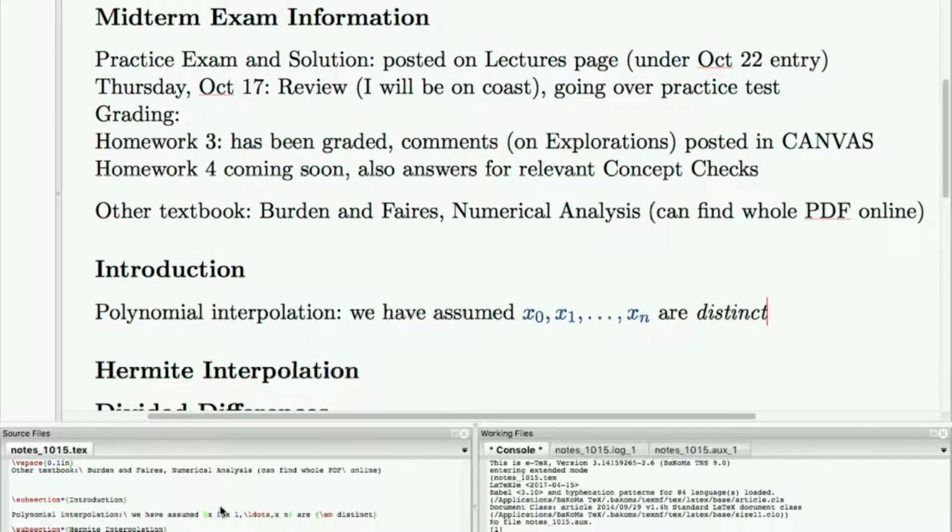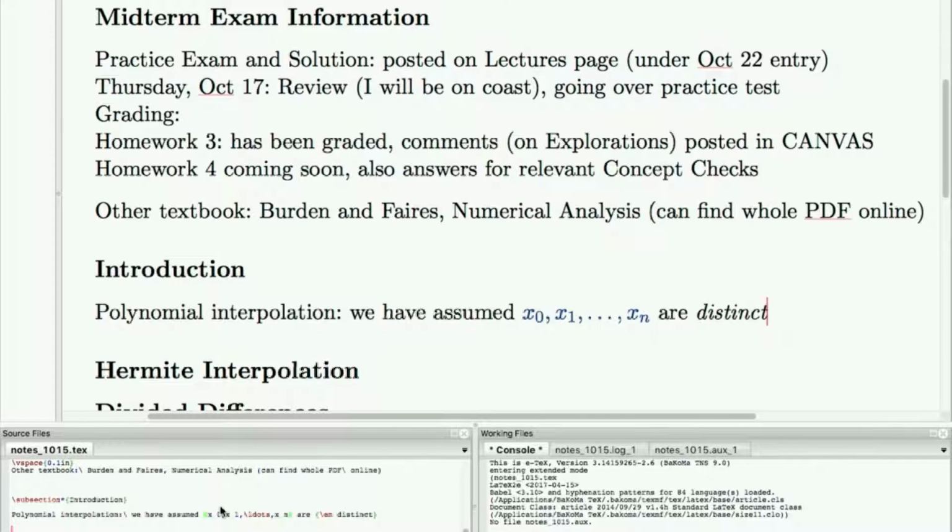And it better be, because, for instance, in the Lagrange polynomial, or even in the divided differences, we often had differences of x values in the denominator. So if any of the x values were not distinct, at some point we'd be dividing by 0. So this assumption is absolutely necessary.